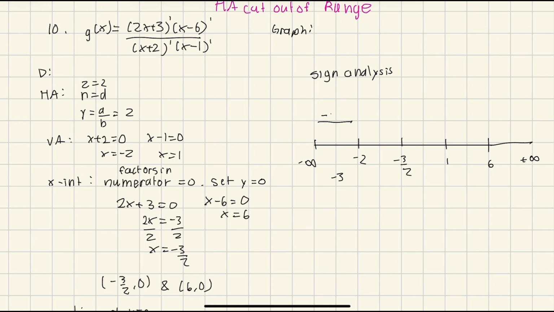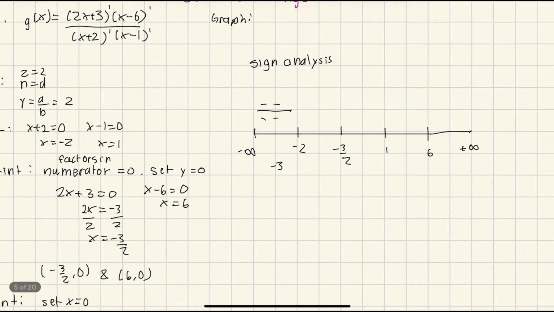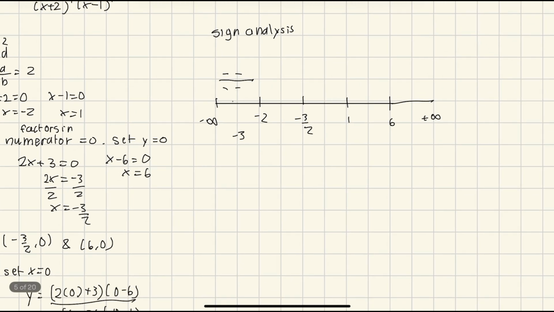Negative 6 plus 3 is still negative. Negative 3 minus 6 is also still negative. Negative 3 plus 2 is still negative as well, and negative 3 minus 1 is still negative. So this is just negative times negative times negative times negative, so the result of that is positive.